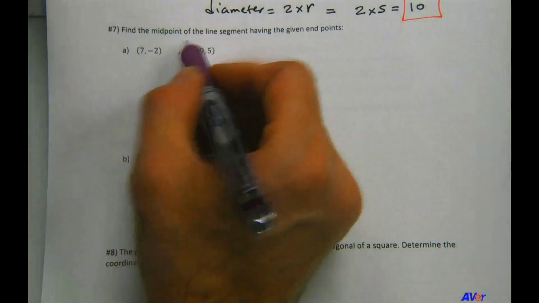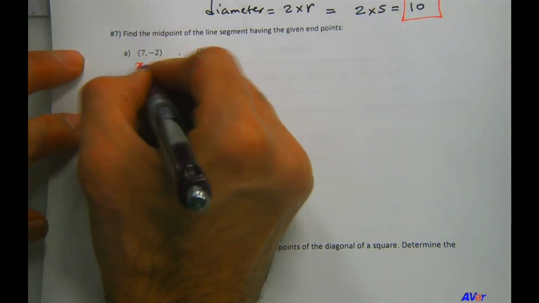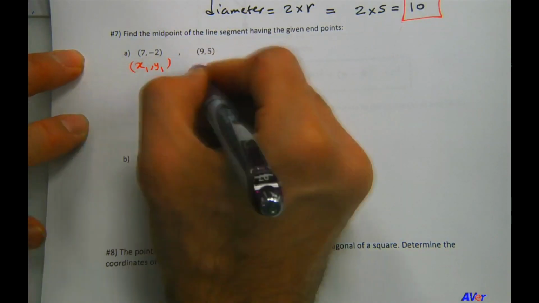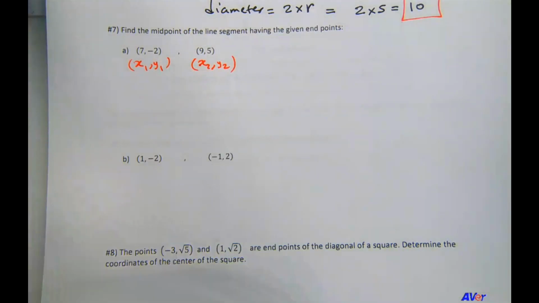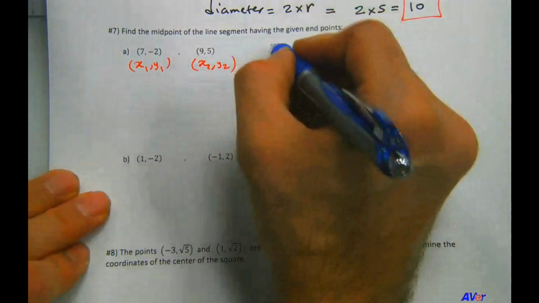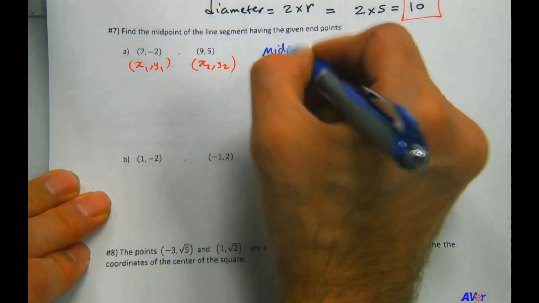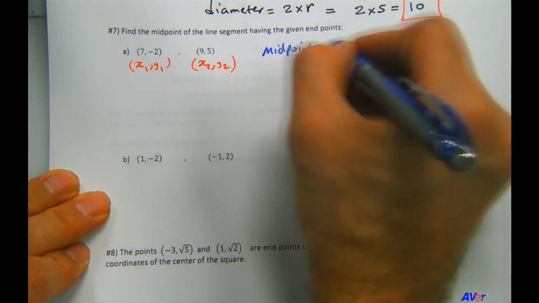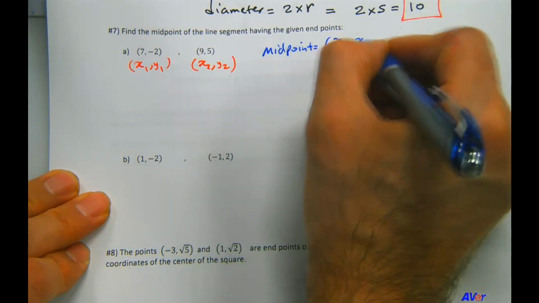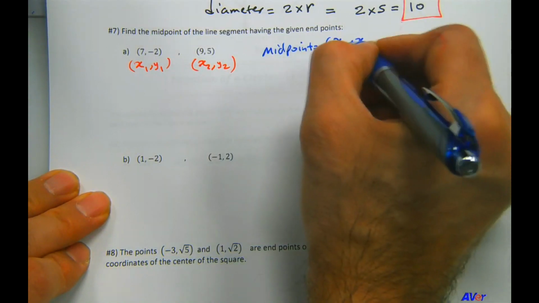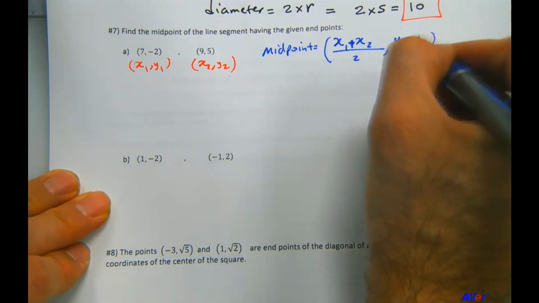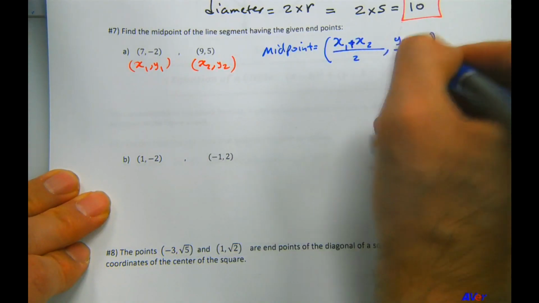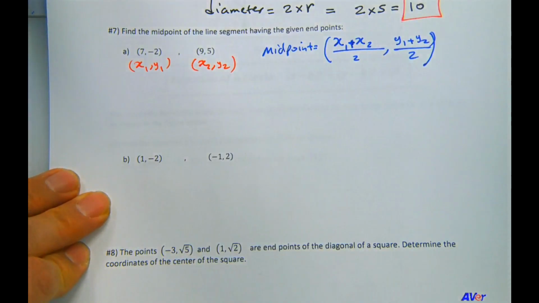So let's label these. You don't have to, but just as a help. And let me write down that the midpoint formula here is equal to x1 plus x2 divided by 2, comma, y1 plus y2 divided by 2. Right?